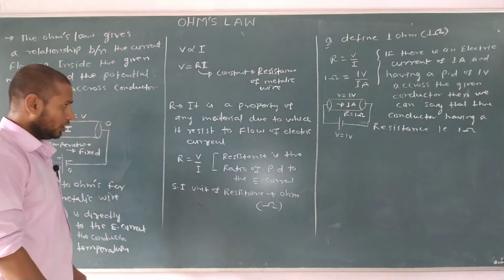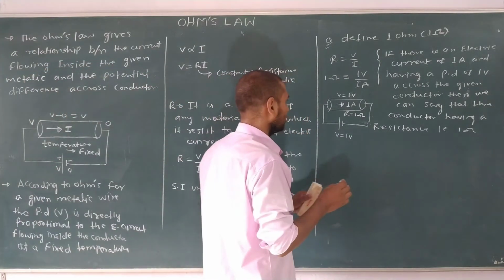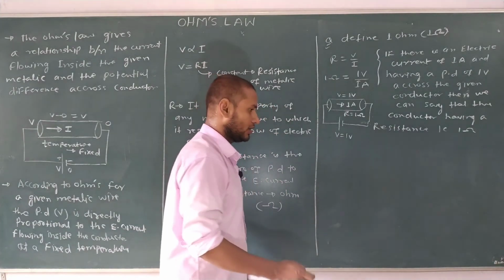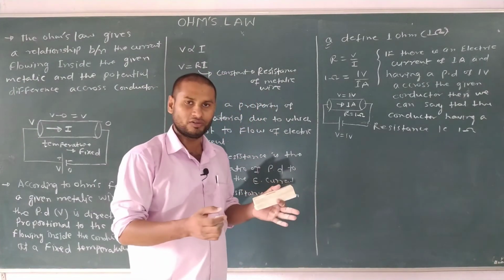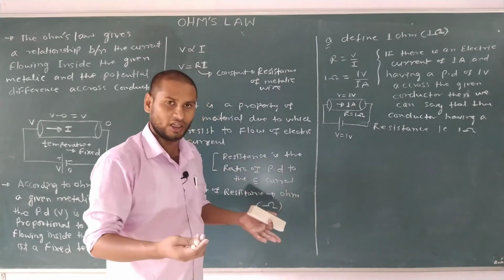Again, according to the resistance, we classify materials into 3 types. We know that free electrons are allowed to flow in the circuit or in the metallic wire.